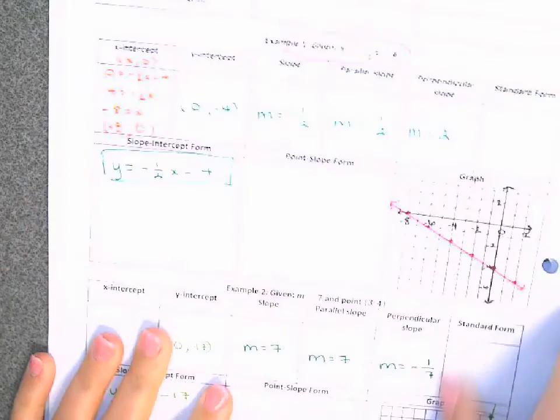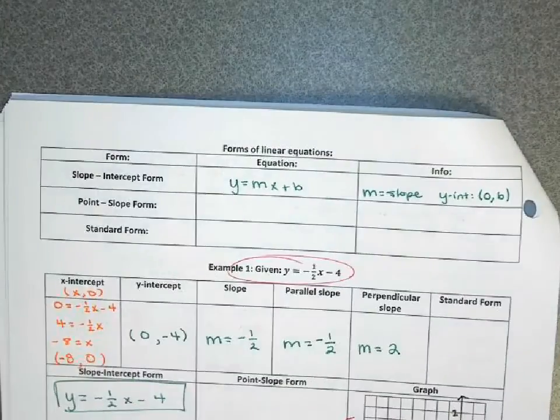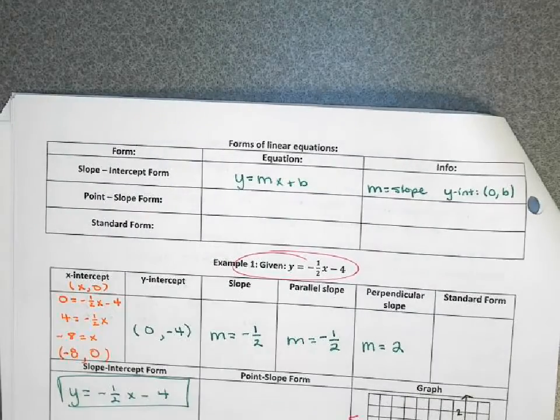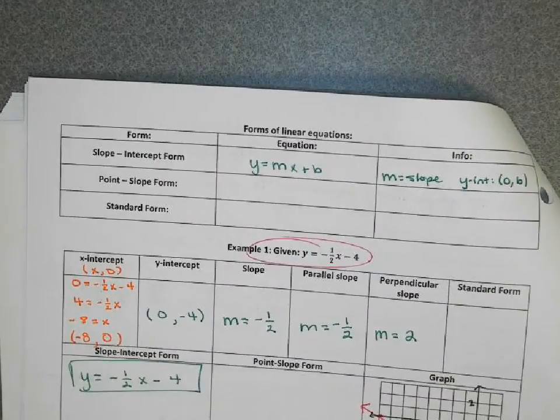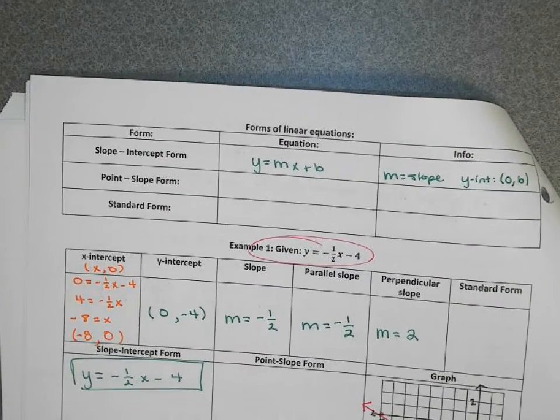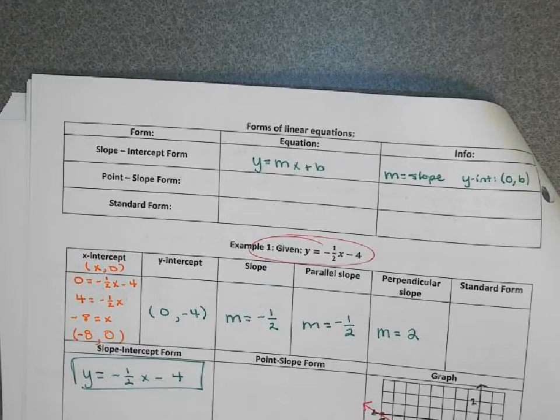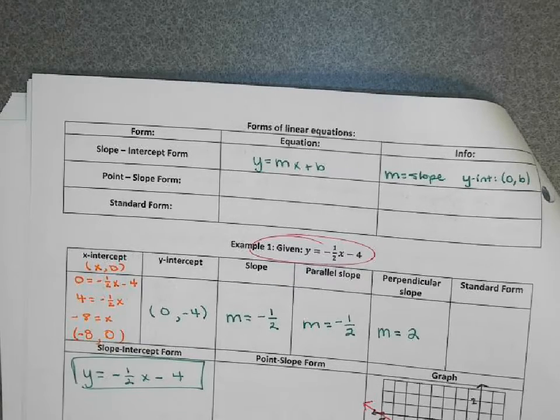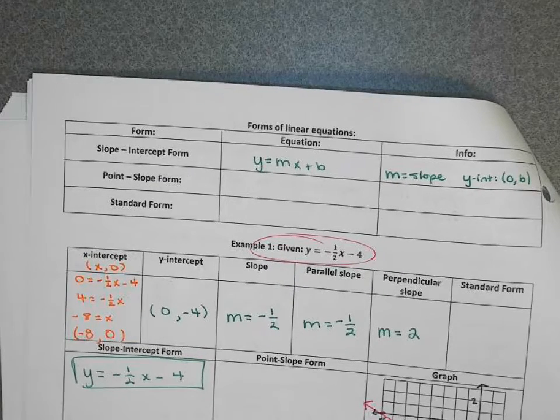Let's see what we have on the back side. We started with there are 3 forms that you can write a linear equation, 3 types of linear equations, 3 forms you can write them in. And the first one was slope-intercept form, and that's what we talked about first. That's the y equals mx plus b. M is going to be the slope, and your y-intercept is 0, b.